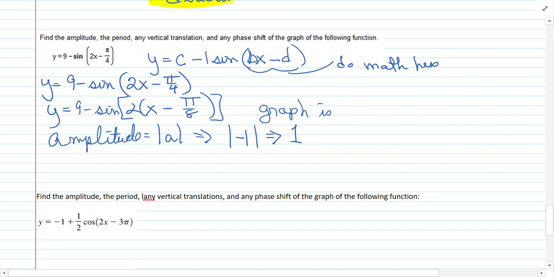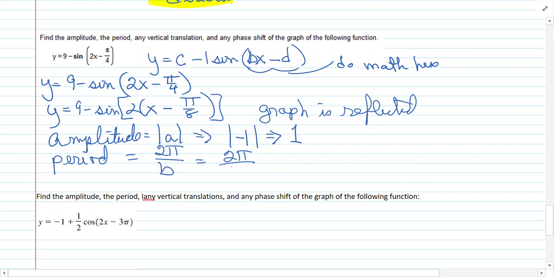Reflected. I should use the right word. All right. So then we want our period. Our period is 2 pi divided by b. So I've got 2 pi and b is 2. So I've got pi.